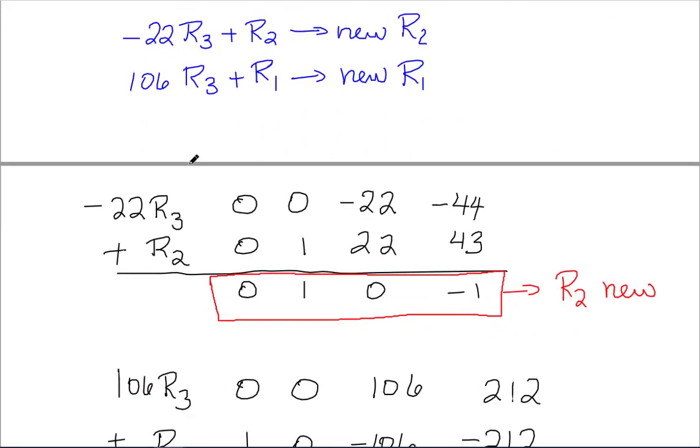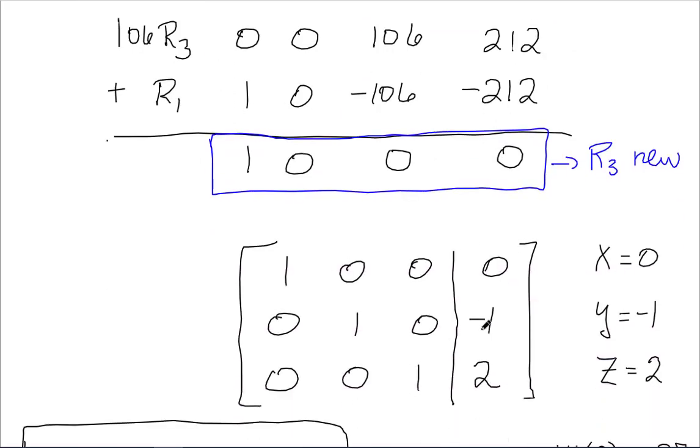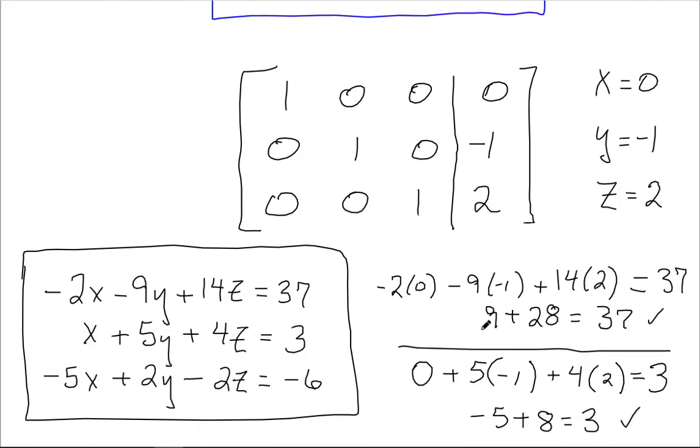And so, minus 22 all the way across. Add that to row 2. So there's my new row 2. 106 times row 3. All right, here's row 1. Add them up. And we get, finally, here's our ones down the main diagonal.